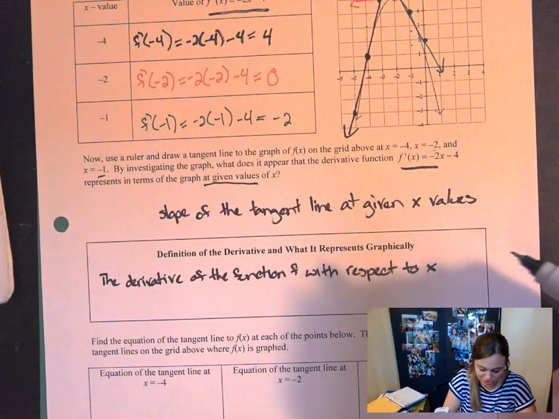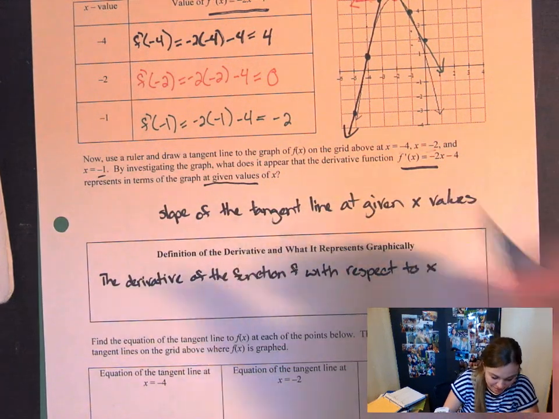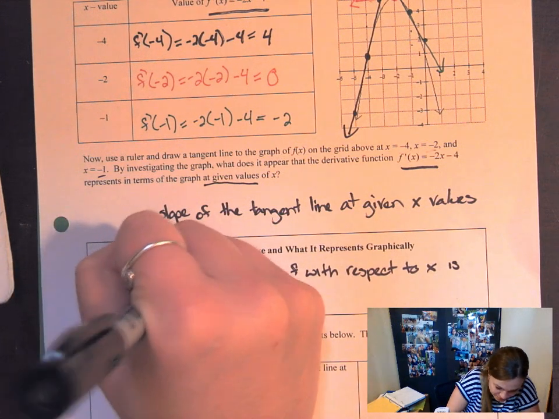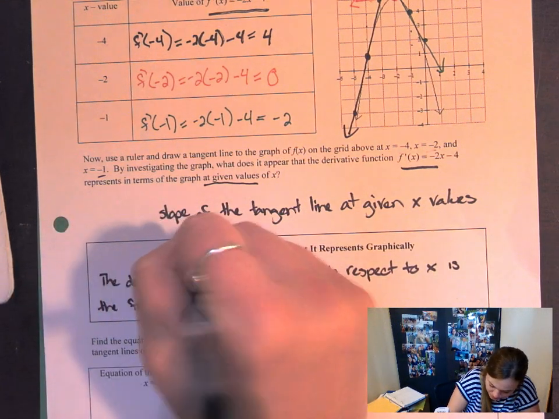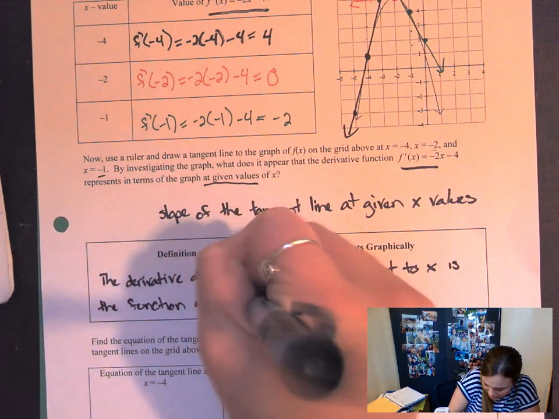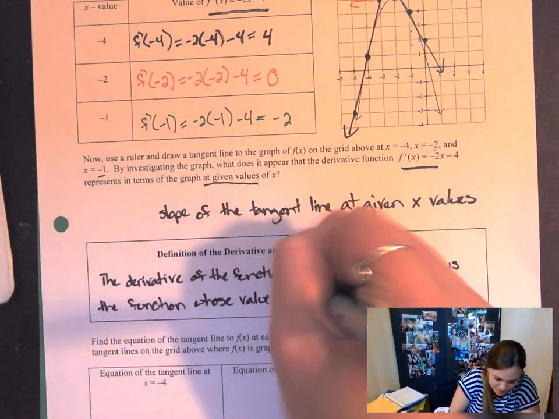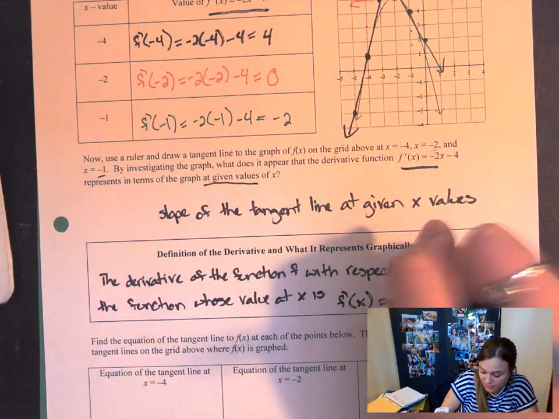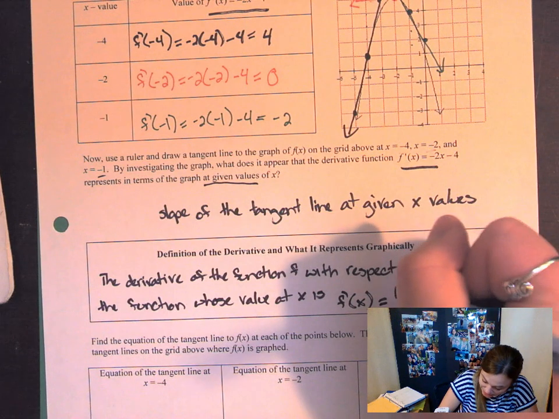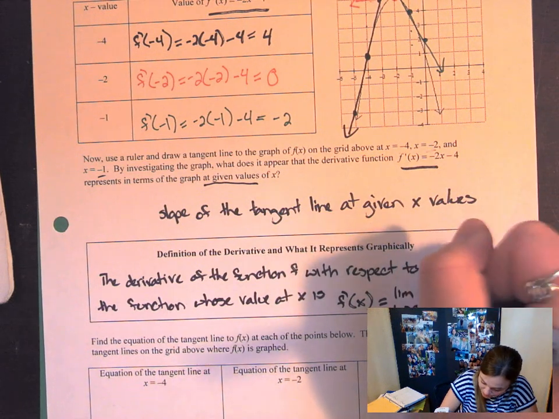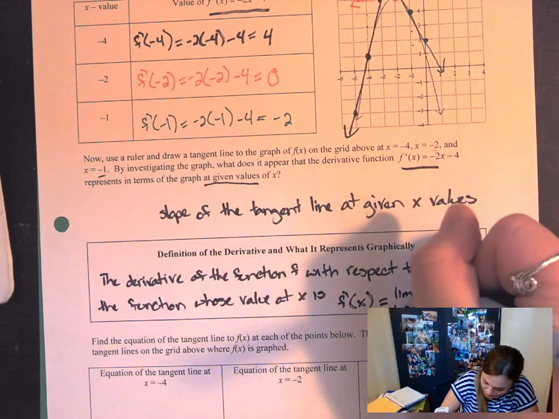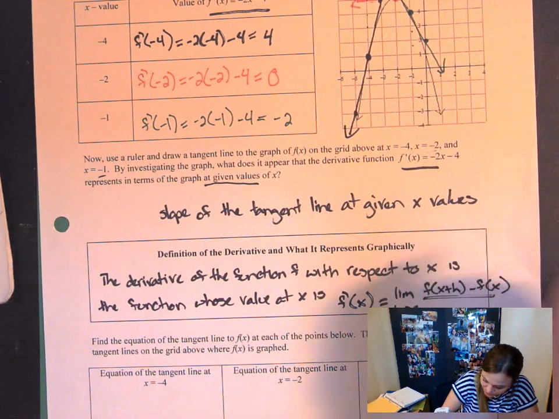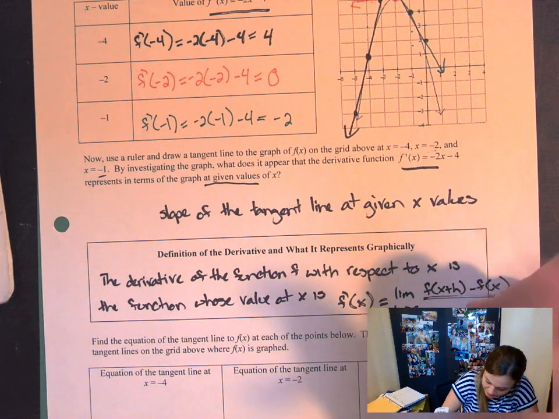So the derivative of the function f with respect to x is the function whose value at x is, and then we can say this is f prime of x equals the limit as h approaches 0 of f of x plus h minus f of x over h.